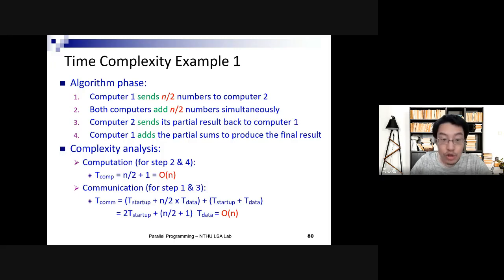If we treat the number of processors as a constant, then our complexity doesn't get reduced. It still remains at O of n, and we pay that for both computation and communication. Overall, we add those two together, and the complexity remains at O of n.